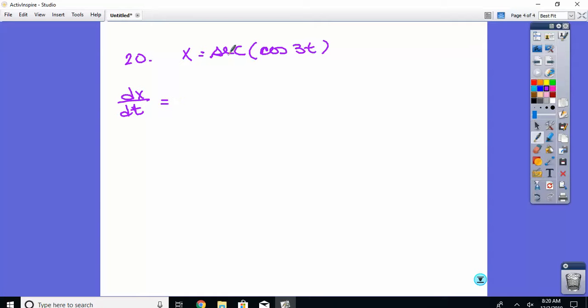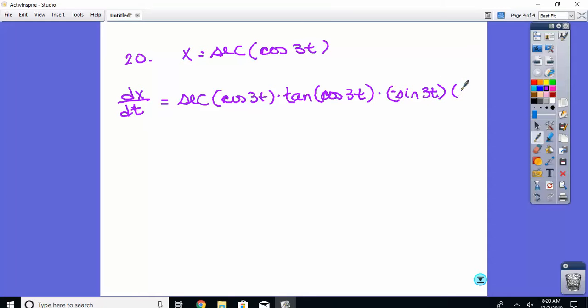So derivative of the outside. Derivative of secant is secant tangent, and the inside stays the same. So it's secant cosine 3t times tangent cosine 3t. So secant tangent times derivative of the inside. Derivative of cosine, negative sine. The angle would stay the same, but we're still not down to a plain t, so times the derivative of the angle, which is 3.